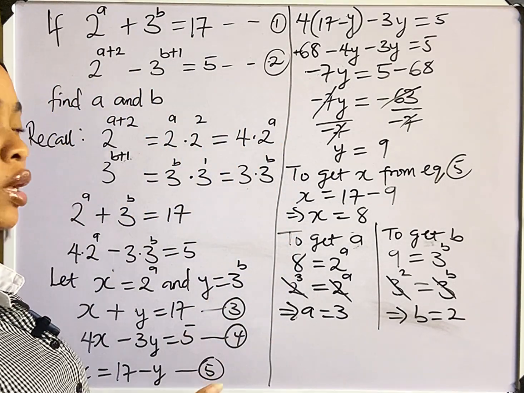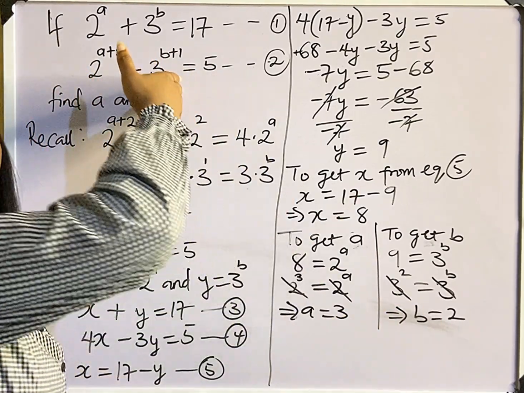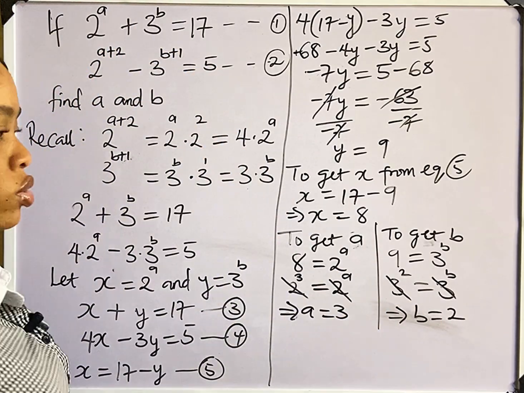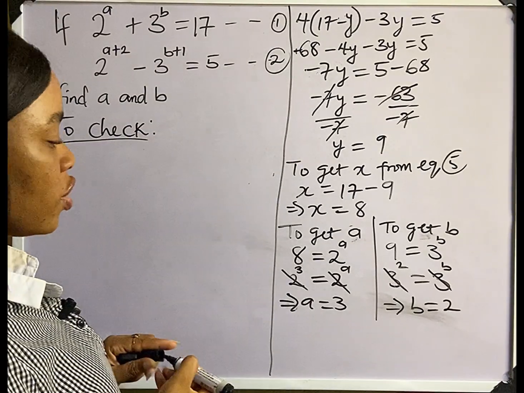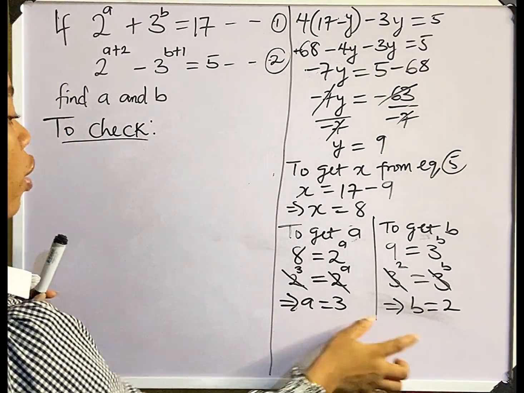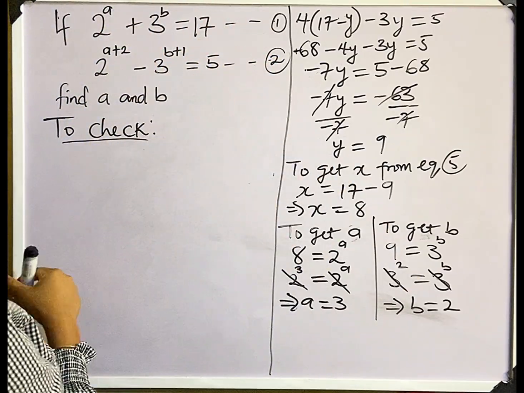Now we can also check if these values are the right solutions to this equation. So let's check our answer for a and b. Let's substitute a and b into this system of equations.